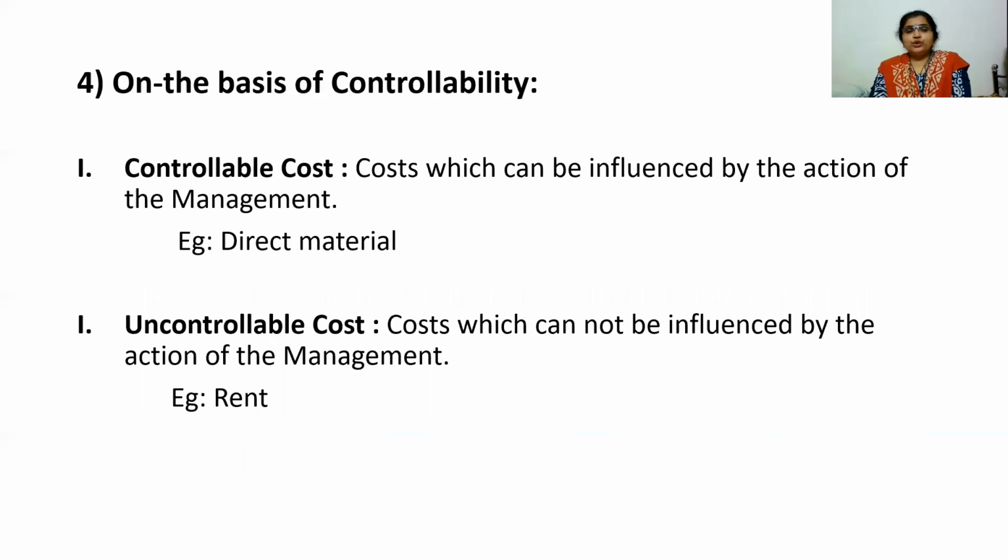Then we need to move towards classification on the basis of controllability. On the basis of controllability, the cost can be classified into controllable cost and uncontrollable cost. Here, controllable cost can be influenced by the action of the management, for example, a cost which can be influenced by the action of specific members of the management, such as direct material.